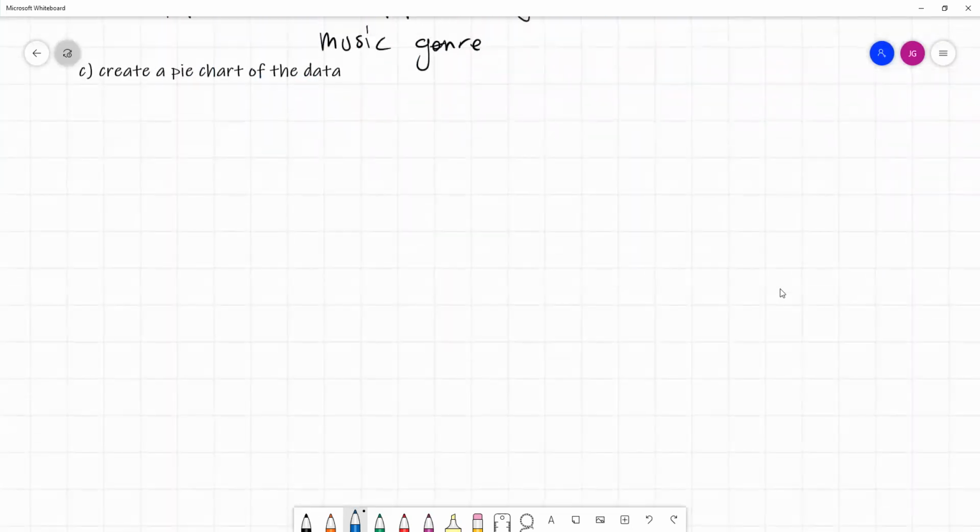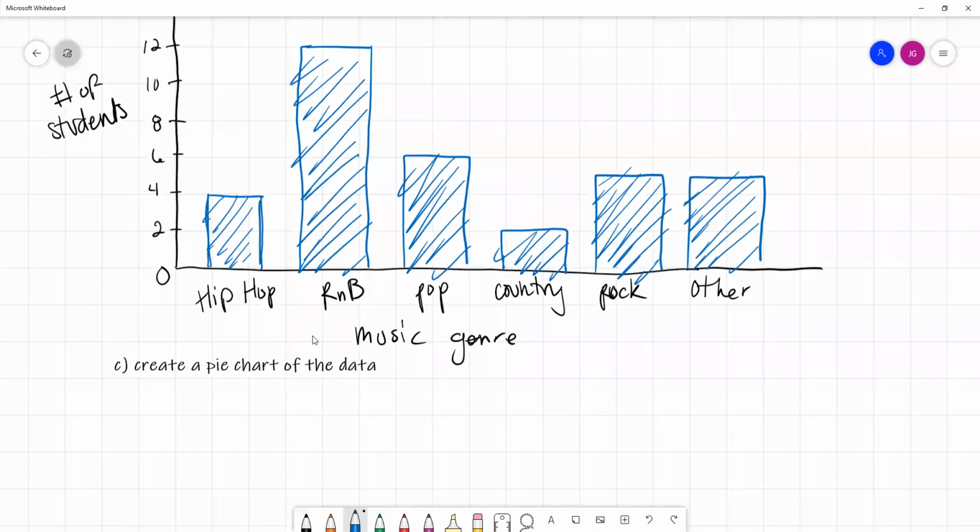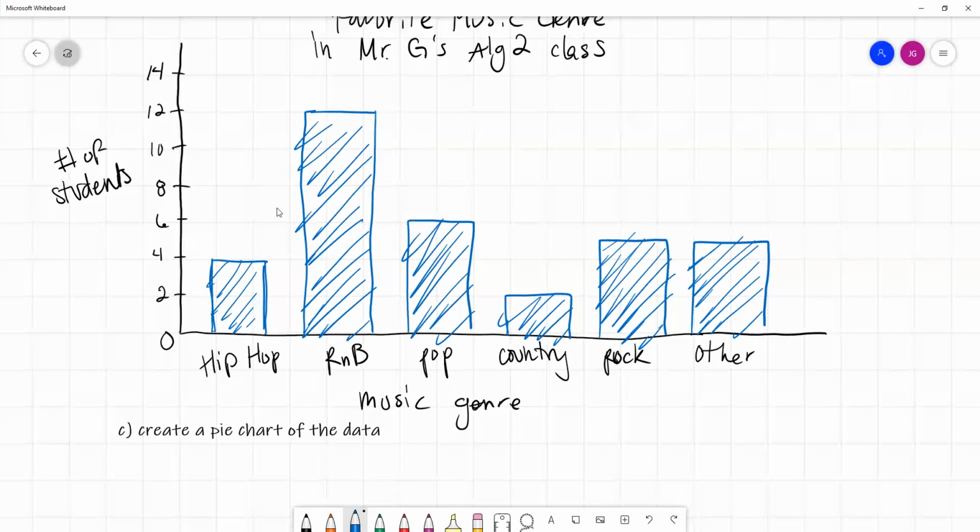We don't really see pie charts too often, and we actually just prefer bar graphs in general, because a pie chart, we use that to represent parts of a whole, and not every single scenario is representing parts of a whole. Like this scenario does, because, you know, these many people like hip hop, these many people like R&B, et cetera. But this is assuming that one person did not choose multiple genres, right?